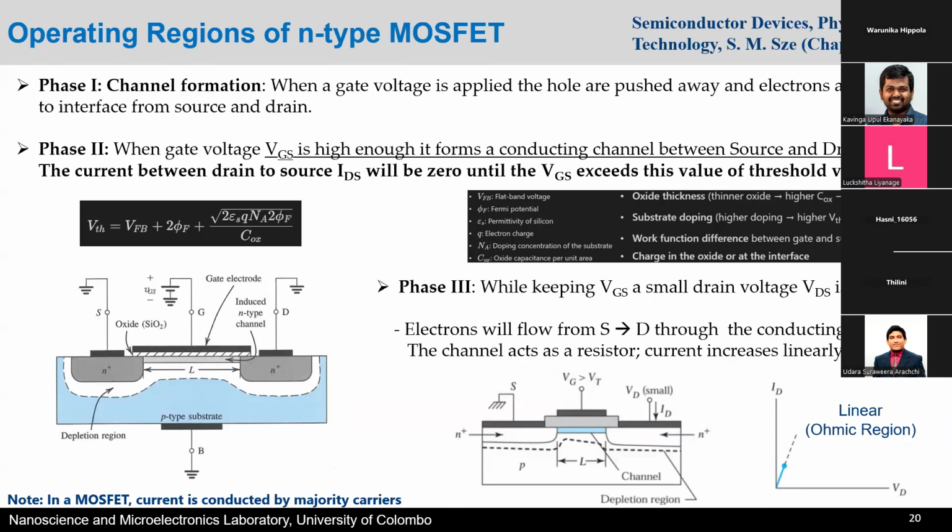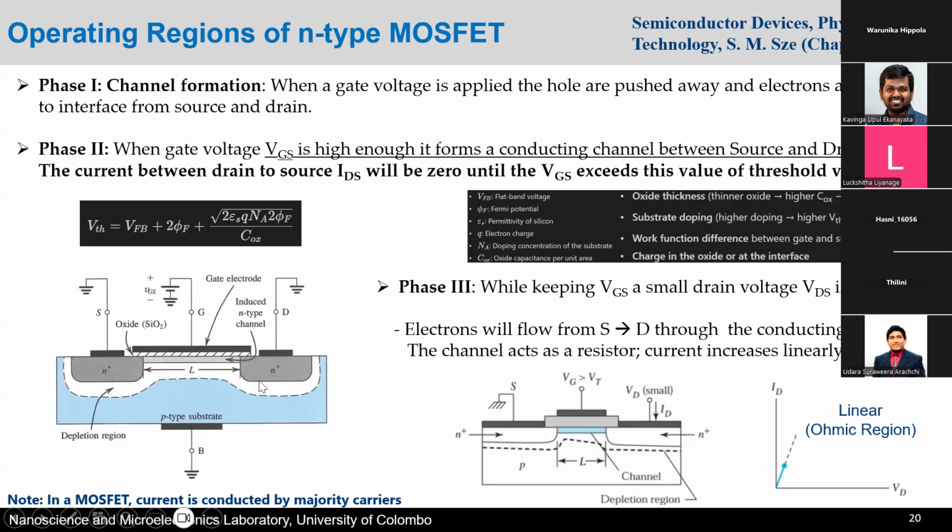So let me go over the operating regions of the N-type MOSFET, right? Here you can first ground the source and the drain, and then apply a small voltage to the gate. So then the field lines emanating from the gate end up in the channel, right? And then they push away the holes, which are the majority carriers in a P-type substrate, and it attracts the electrons to the surface, and at the same time the electrons can flow from the source and the drain because they have a lot of electrons since they are doped that way, right?